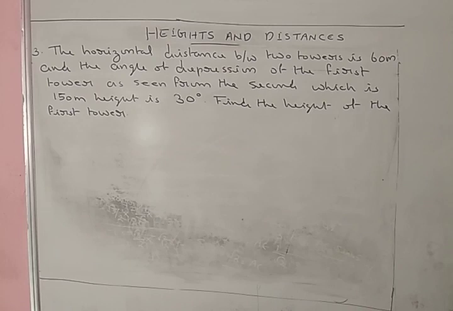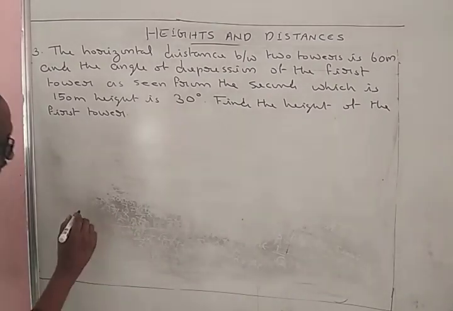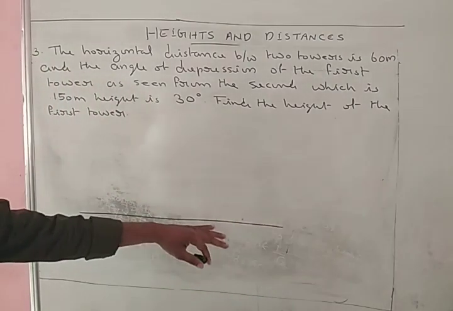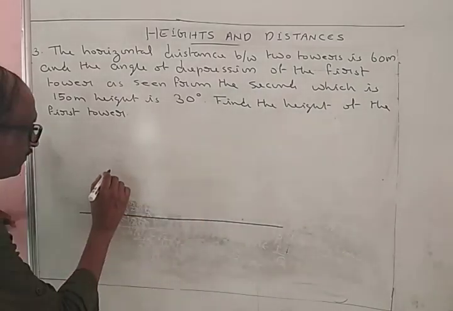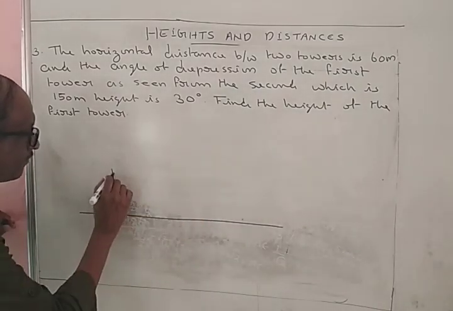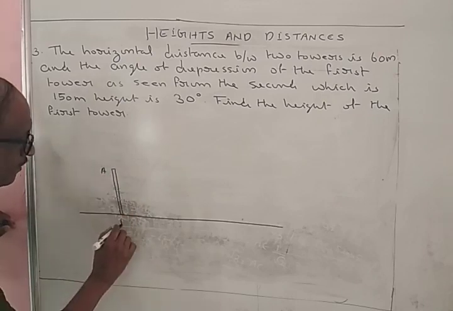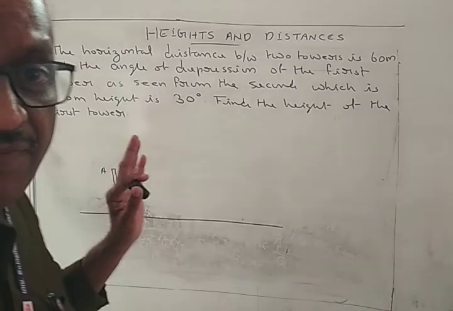This is our problem. We must convert this problem into a right triangle. That is our A. This is the ground. AB is the first tower.